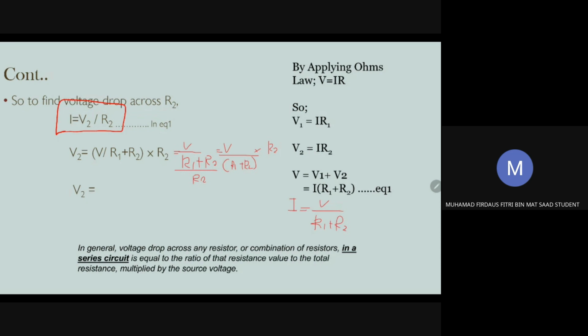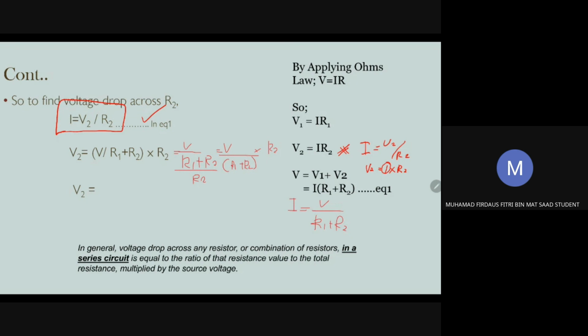Remember, last time V2 equals I R2, so I equals V2 over R2. So V2 is equal to I times R2.